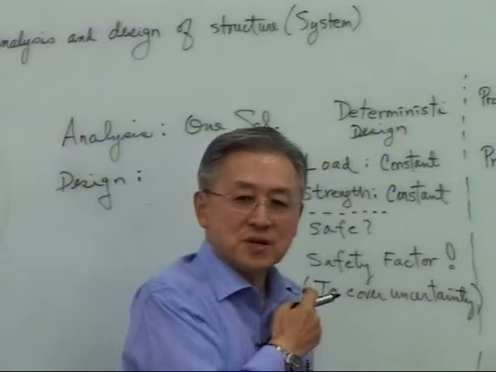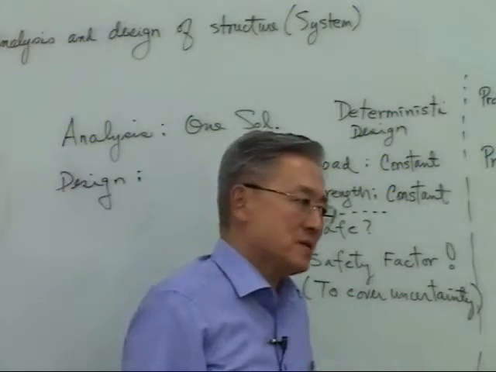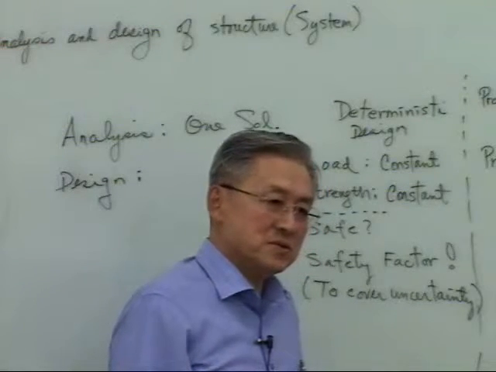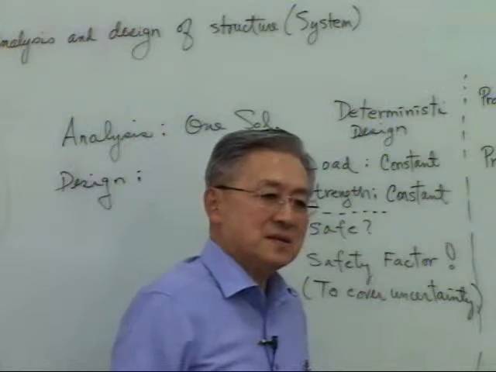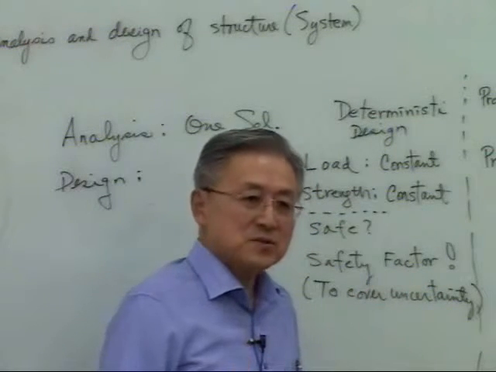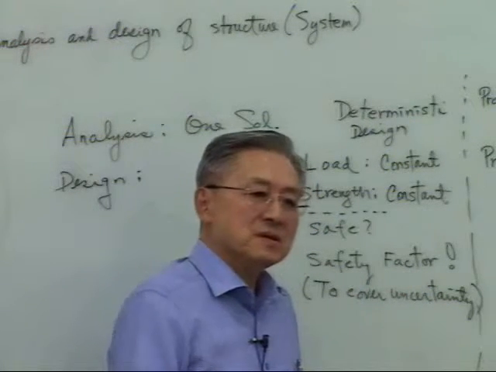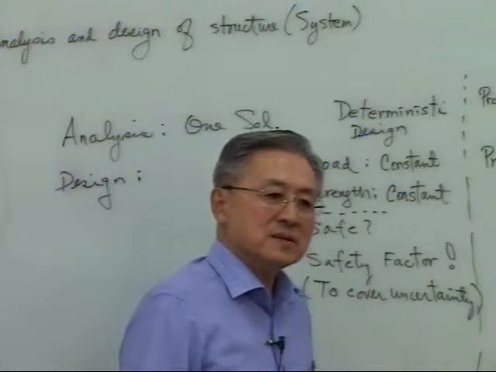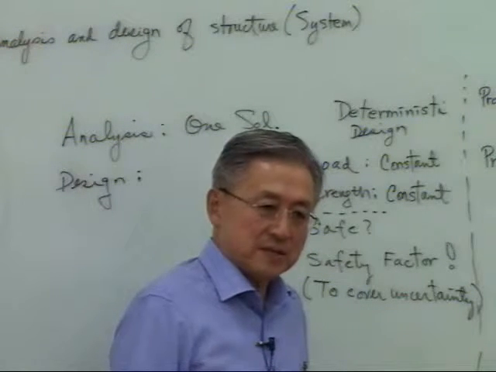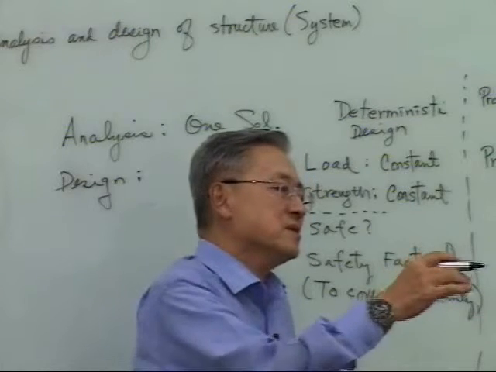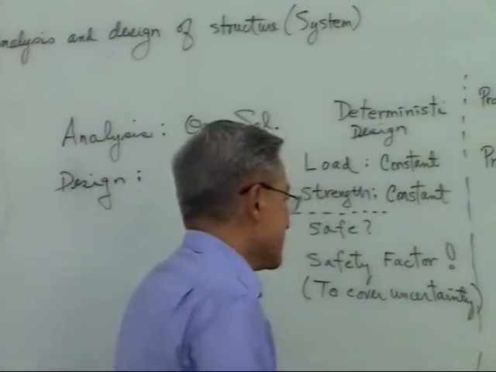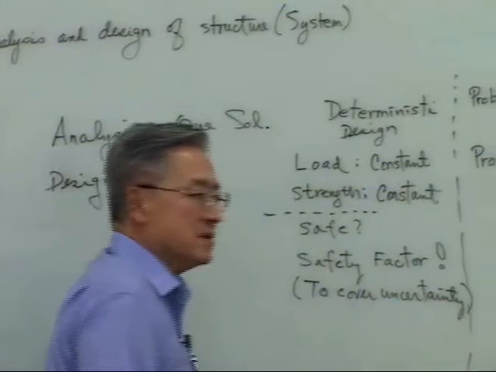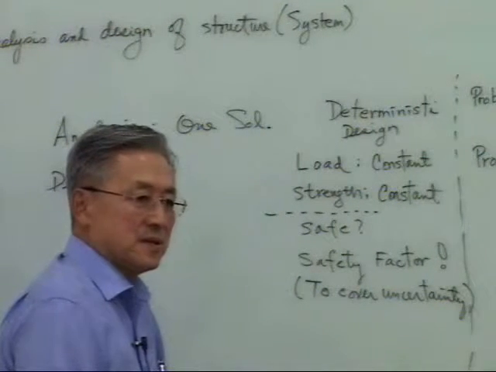Because they introduced a high safety factor to cover the uncertainty. So whenever you face a design, like our ocean systems engineering, the ocean systems plant, you have to really look into why they apply a high safety factor to cover the uncertainty, okay?